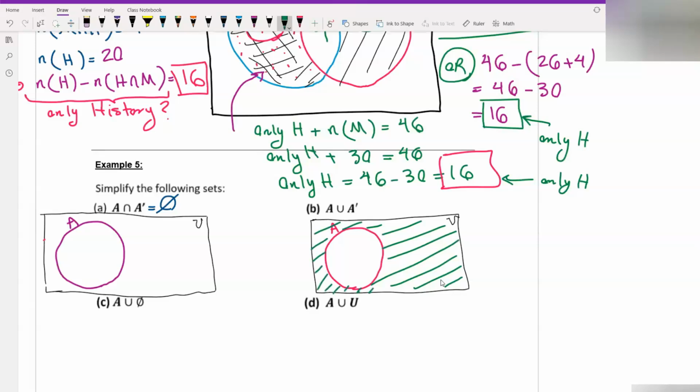This is complement of A. And we have to combine that one with A. So A is this part. Now combining all. That is the final answer, so it's universal set.